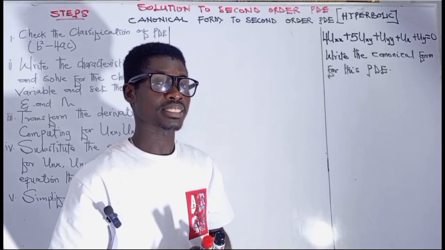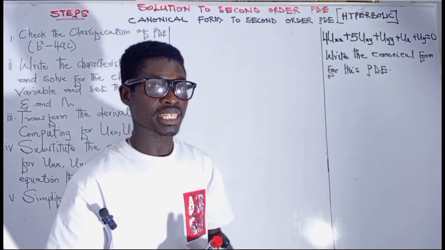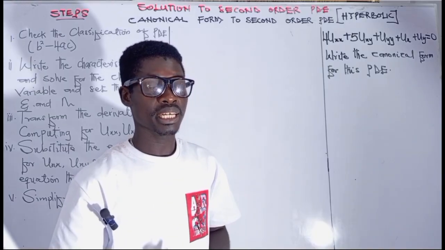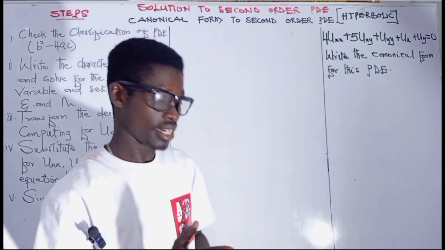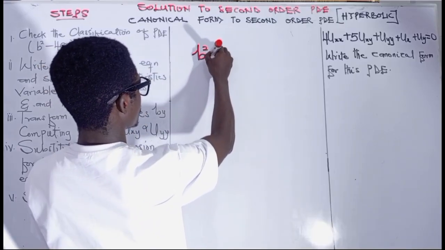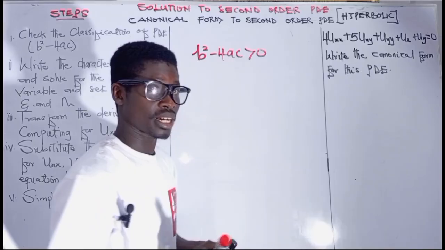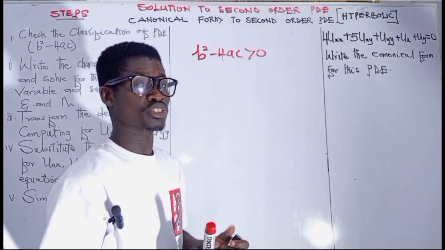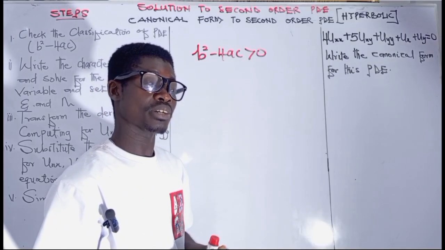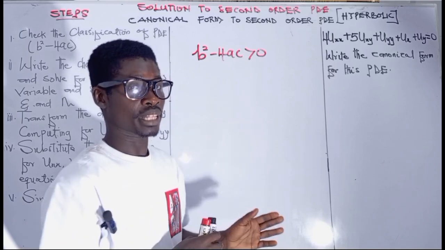We also learned that a second order partial differential equation is said to be hyperbolic if the discriminant is greater than 0. And whenever the discriminant is greater than 0, it means you are going to have two distinct and different families of characteristics.